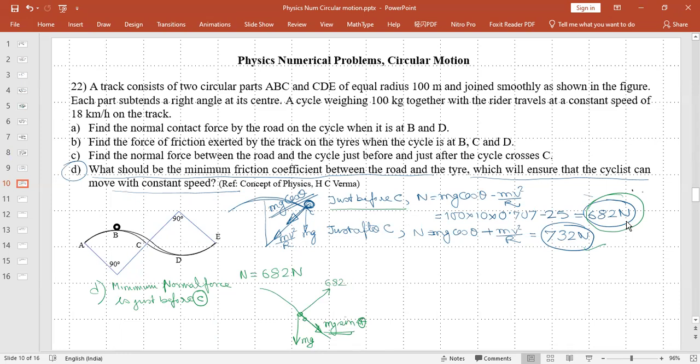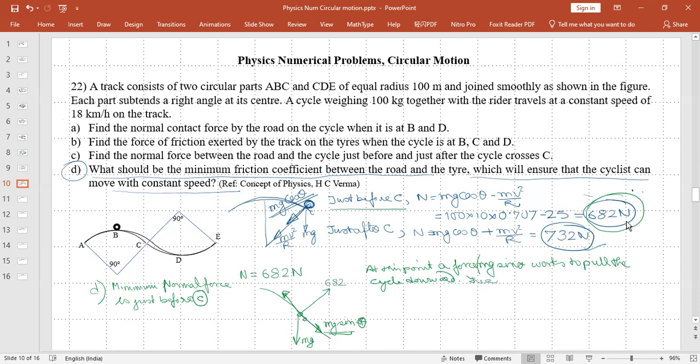And so the frictional force has to counter the slipping force. So we write at this point, the force mg sine theta works to pull the cycle down.